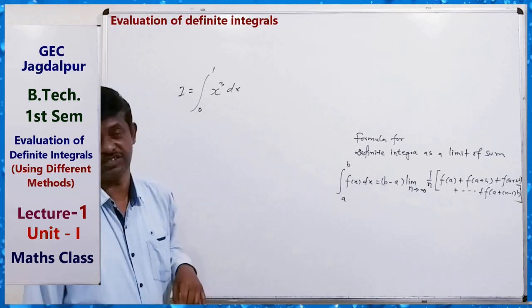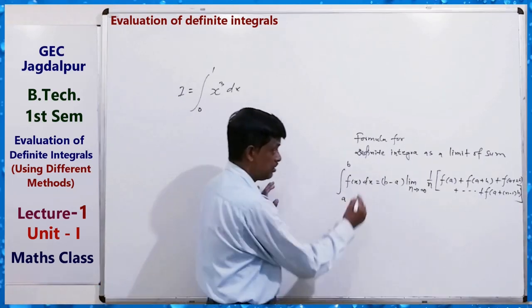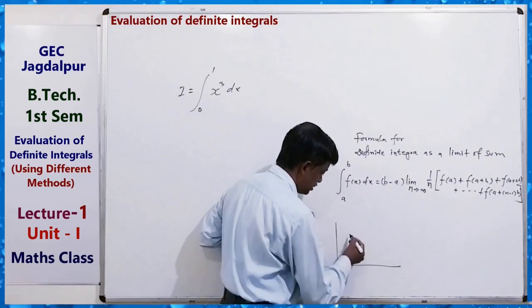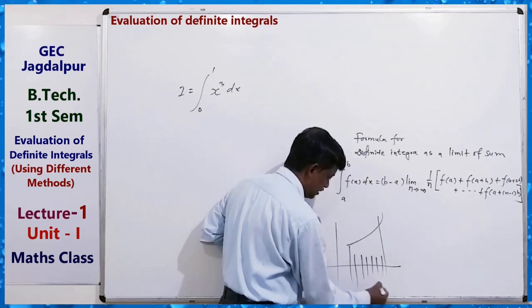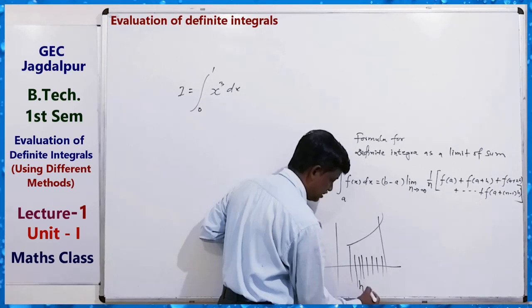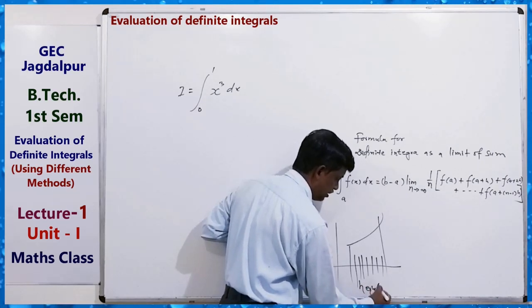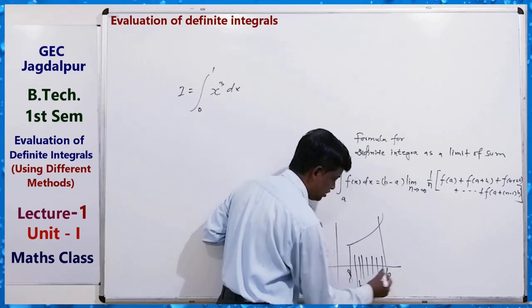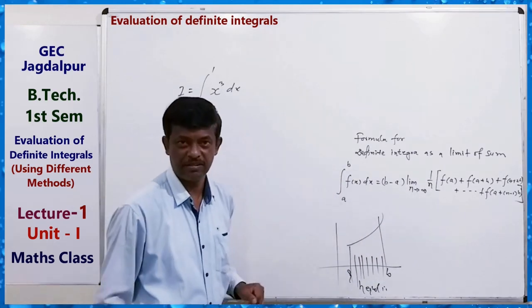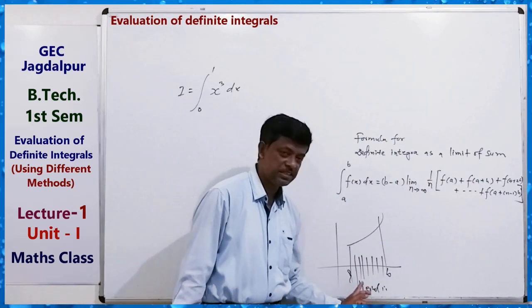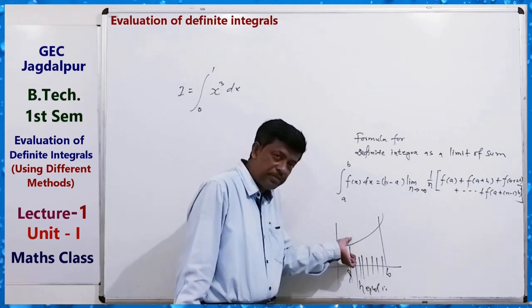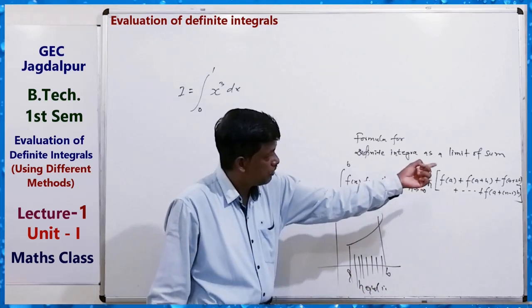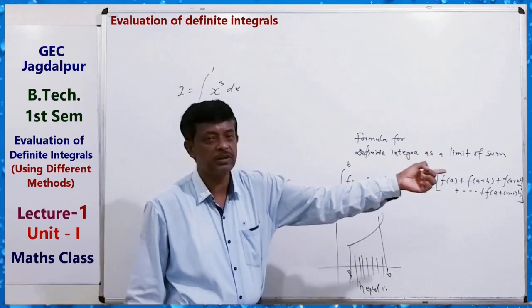Clear? Here h, in this case, the interval from a to b is divided into n equal parts of width h. Then a plus h, a plus 2h, a plus 3h, a plus 4h are the points. At those points the values of the function are f(a plus h), f(a plus 2h), up to f(a plus (n minus 1)h).